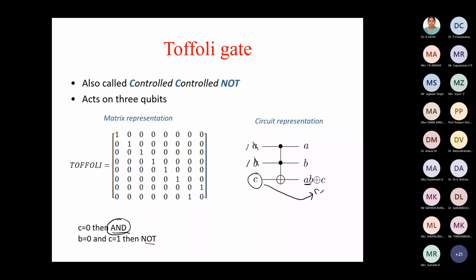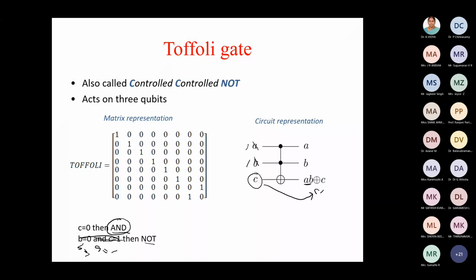What I told here is that if you put C equal to 0, then it can behave like a classical AND gate. And if A is equal to 1 and B is equal to 1, then it will behave as a NOT gate. So using this Toffoli, I can have an AND and a NOT gate.